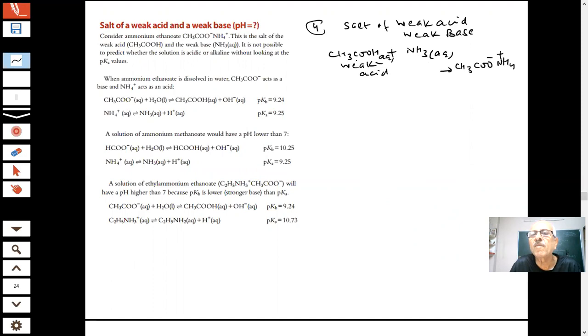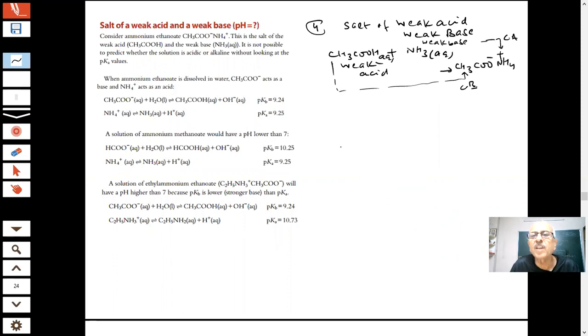This is a salt. This is our acid. This is the conjugate base of the acid. This is our base and the conjugate acid of this. You already know that. Weak acid, conjugate base, and this is your weak base, and this is the conjugate acid of the weak base. Okay?